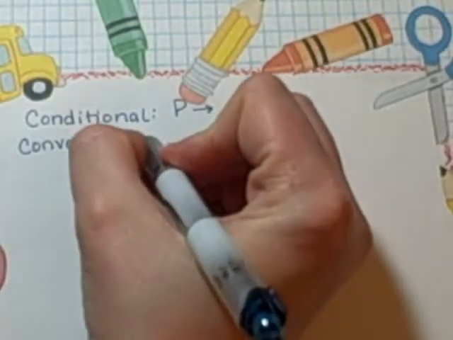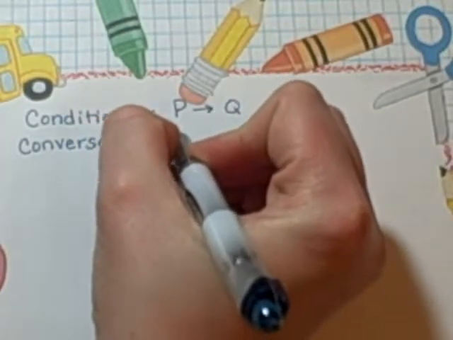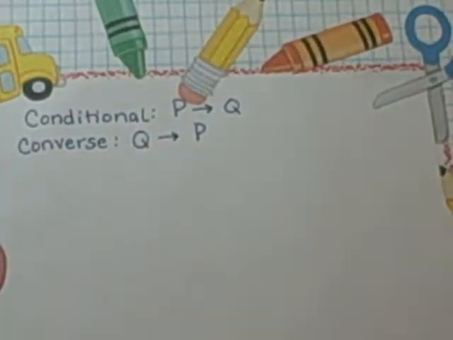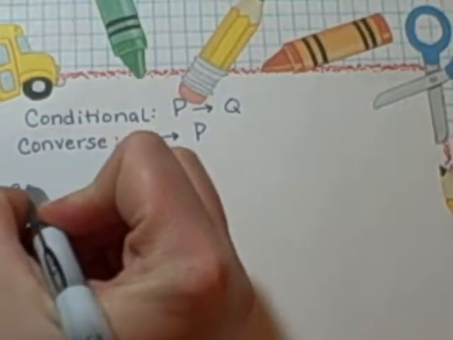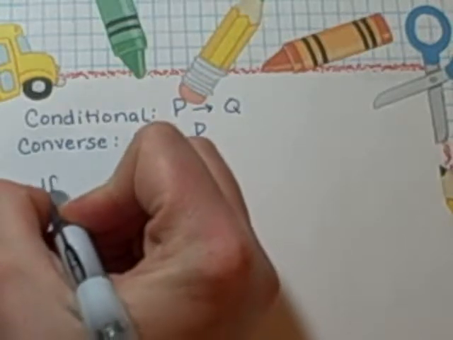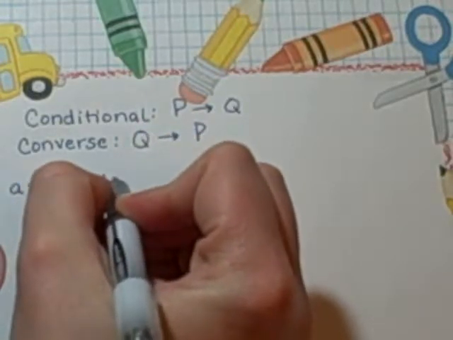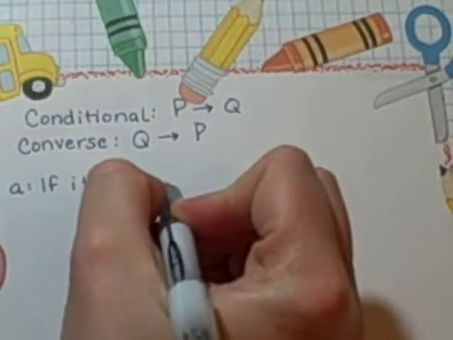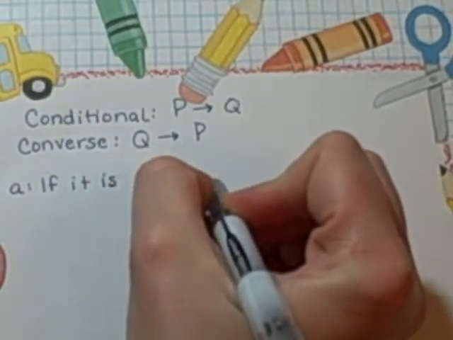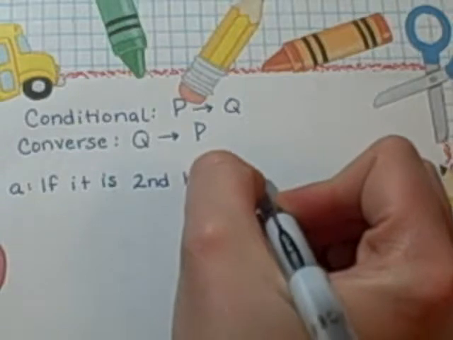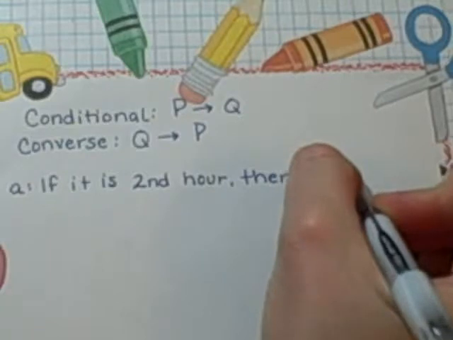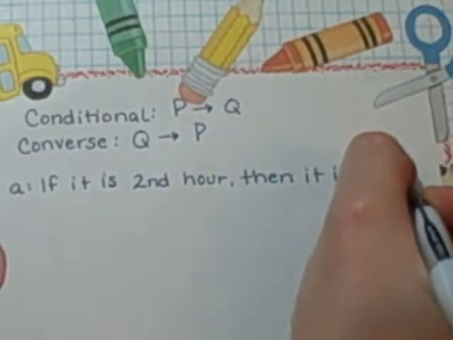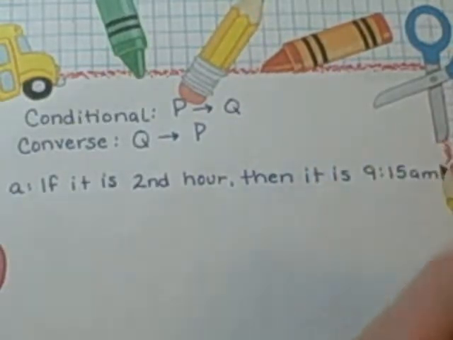The converse is when I reverse those, so Q and then P. So I want to take the two pieces of those statements and reverse them. And here's what that would look like. I would say if it is second hour, then it is 9:15 a.m. Okay?